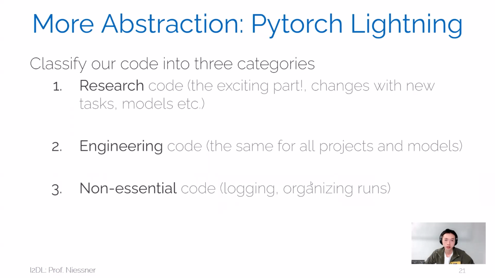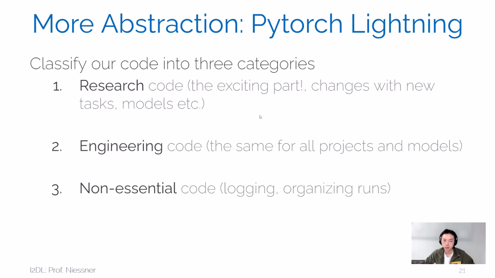And a further abstraction is PyTorch Lightning. Here, we already know PyTorch, right? But it's not simple enough. People say, okay, we can make it simpler by classifying the code into three categories. The first one is the research code. That's the most exciting part, since in each project you want to change something, right?